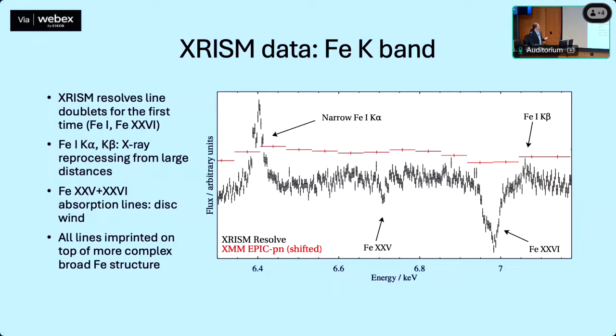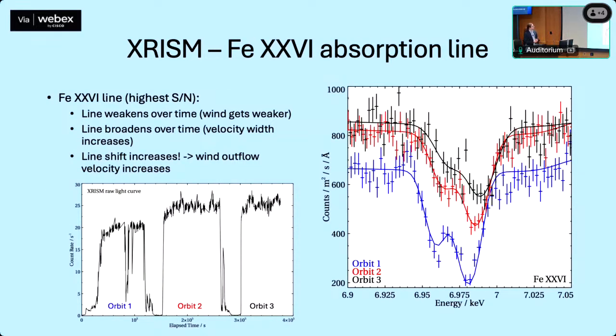So since we have a lot of signal, we can start splitting this data set into multiple parts and see how the wind is changing as our sightline goes through above the precessing disk and samples the wind at greater and greater heights above the disk. So just doing a very simple split, we observe 3 different orbits of Hercules X1 in this one long exposure, splitting the spectrum into 3 parts and focusing just on the strongest line of iron 26.